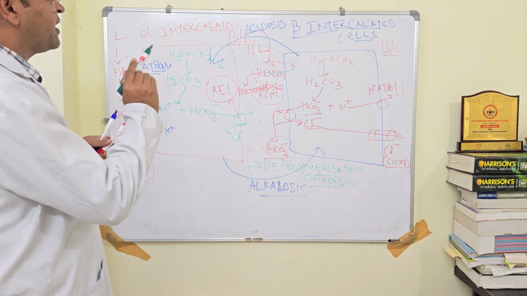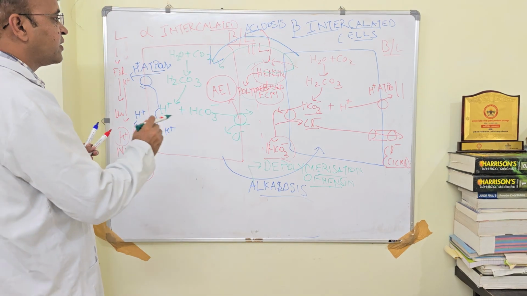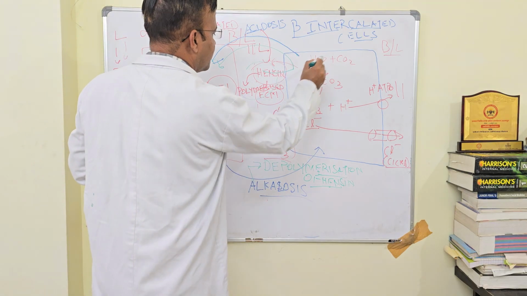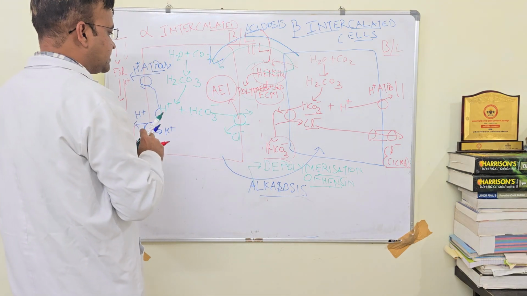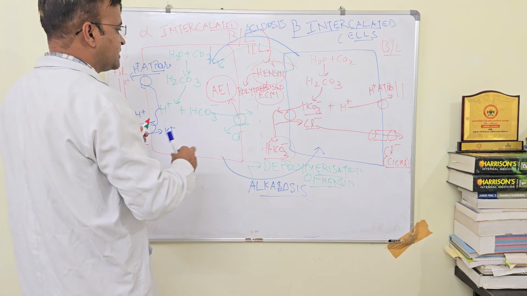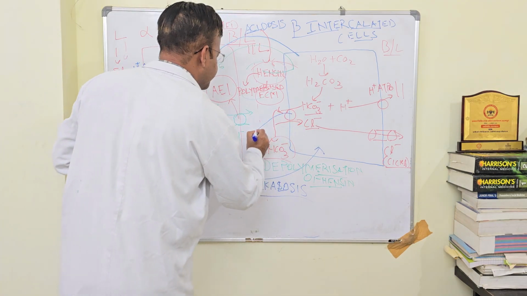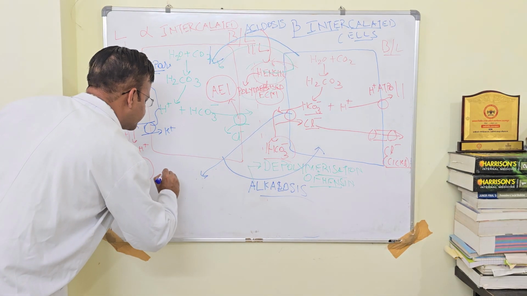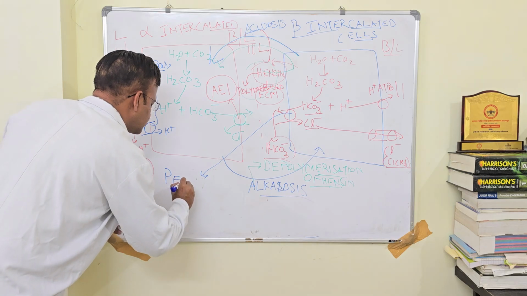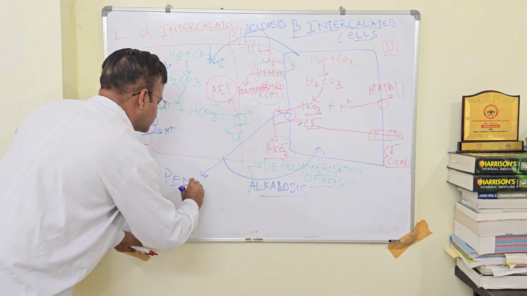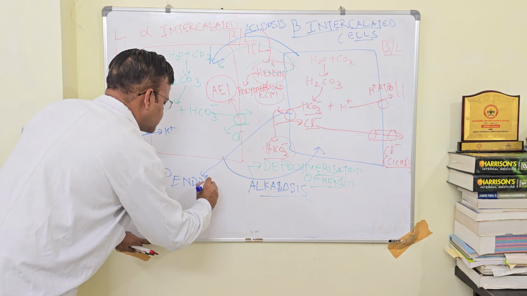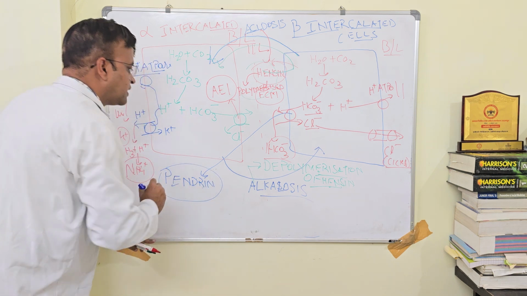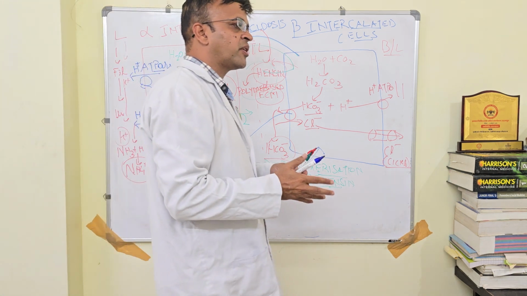Okay. Now, one clinically very important ion channel we have over here on the luminal side of beta intercalated cells. This ion channel is called pendrin. Now, why is this ion channel clinically very important?